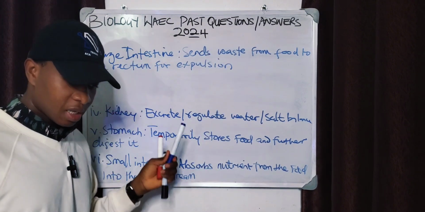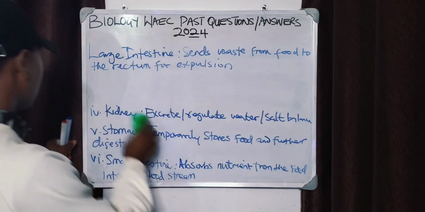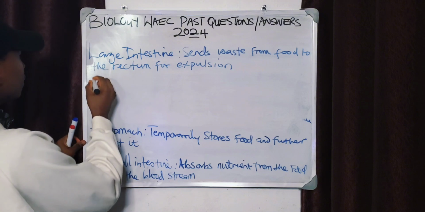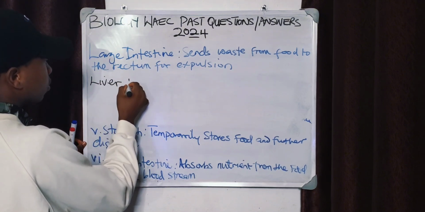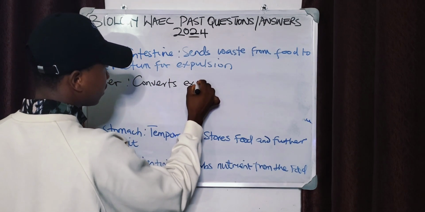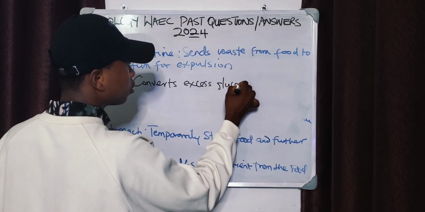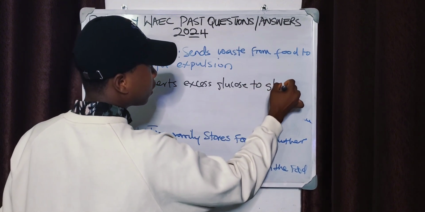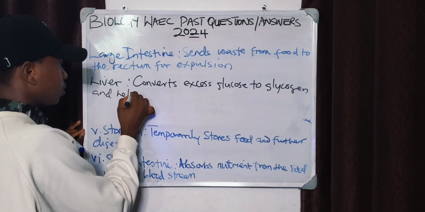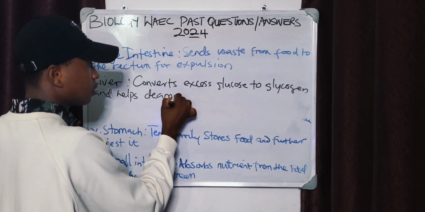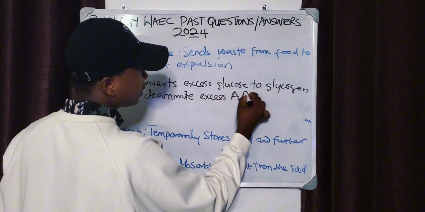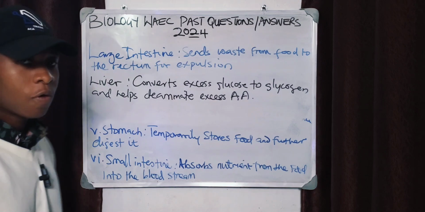Now, I think the last thing should be the liver. What's the function of the liver in this case? The liver converts excess glucose to glycogen and helps deaminate excess amino acid. Okay, so that's the answer for that question.